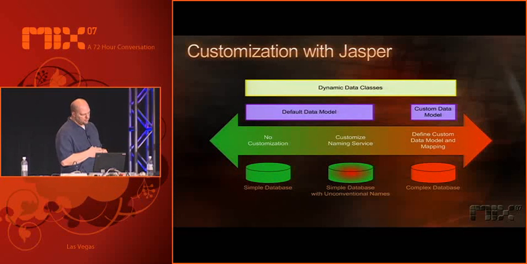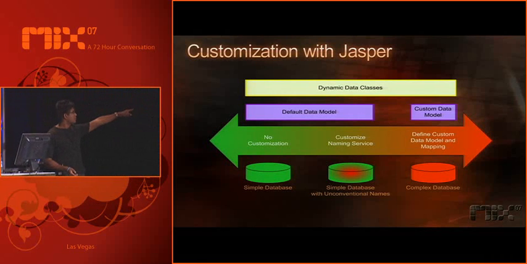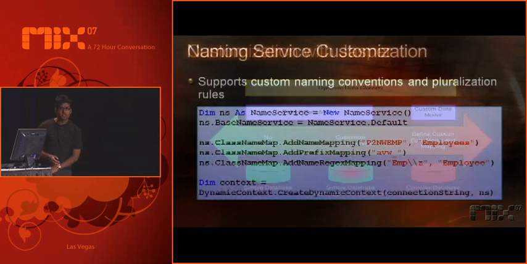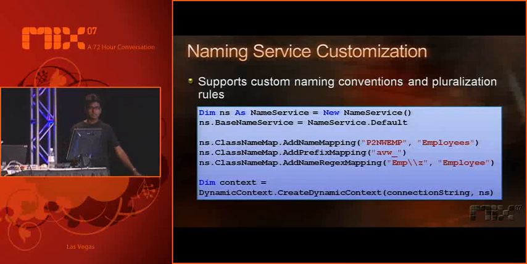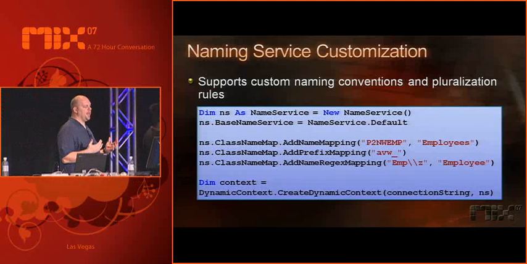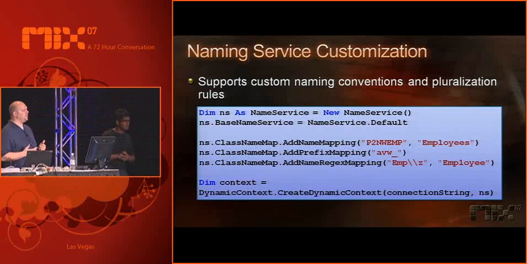So the important point here is that there's two levels of customization. The full data model, where you want to reshape your data. In the world where you still want the default shape, but you just want to change the names, there's a way to customize the naming service we use. So we mentioned briefly before that there's a stronger notion of metadata and metadata management. Here we're manipulating the metadata at runtime to take advantage of that.